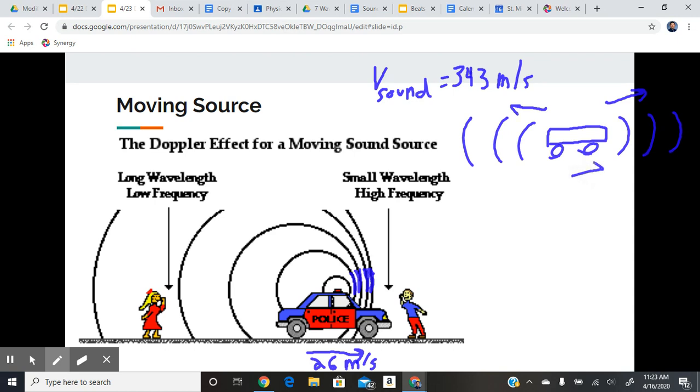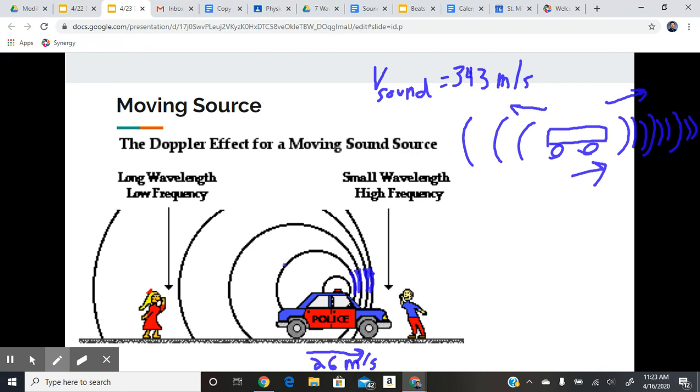Well, now since you have the car moving in one direction, those sound waves are going to get bunched together in front, just due to the fact that the speed of sound can't stay ahead of it, if that makes sense. And the exact opposite is true for behind the car.